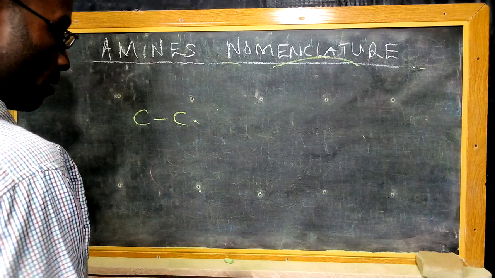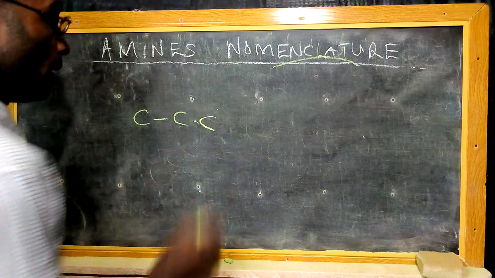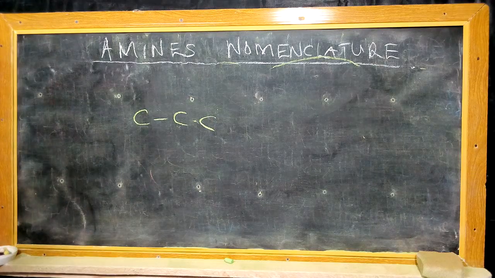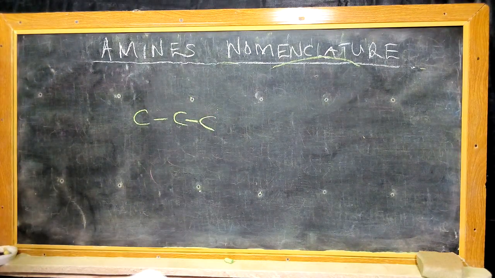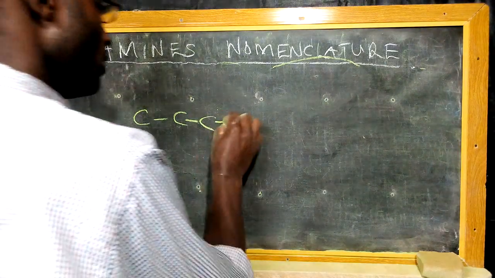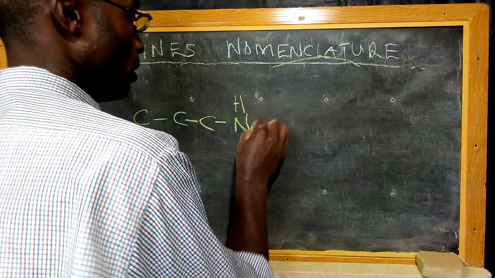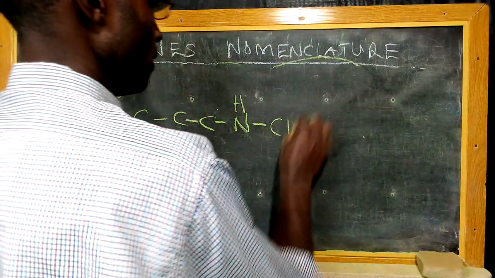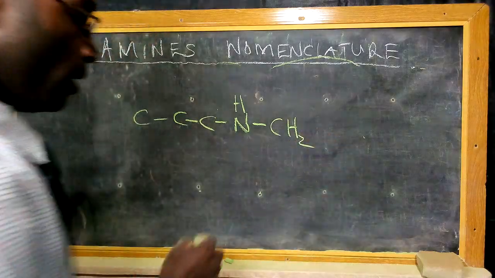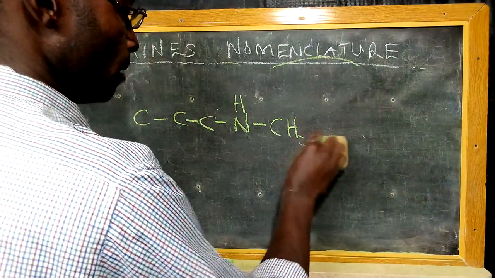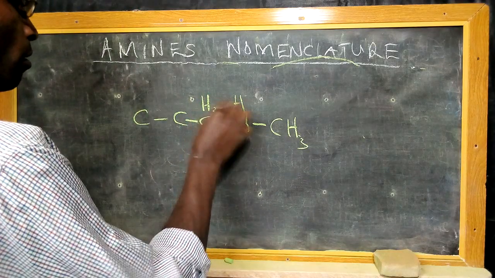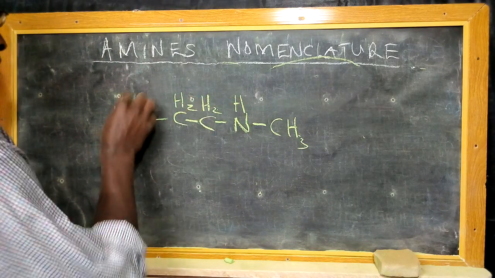For the secondary, or second degree substitution, we shall have nitrogen with a single hydrogen attached to it, so we shall have a formula like that. Now this is a methyl group, CH3.